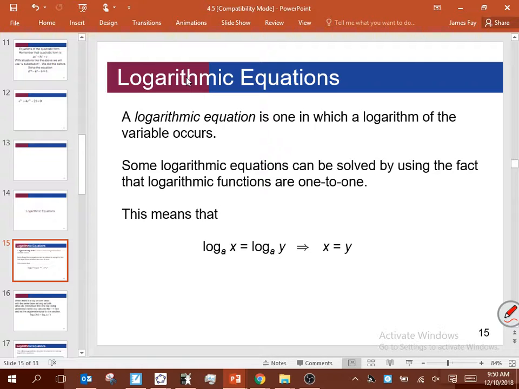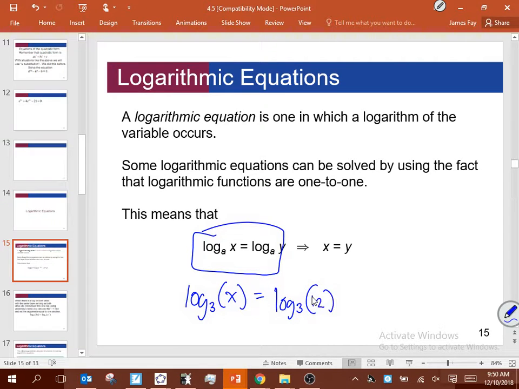So now jumping into logarithmic equations a little bit for the next 5-6 minutes. We have logarithmic equations that are one-to-one as well. If you have log written on both sides of your equation, so if you have something like log base 3 of x is equal to log base 3 of 12.